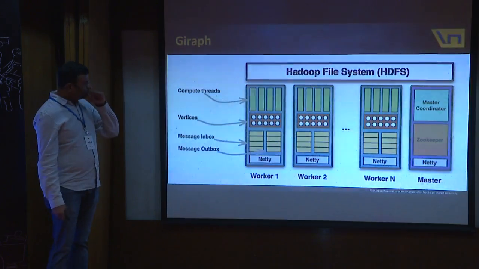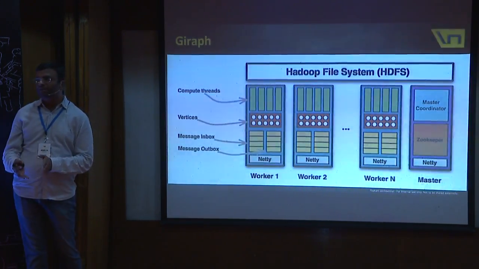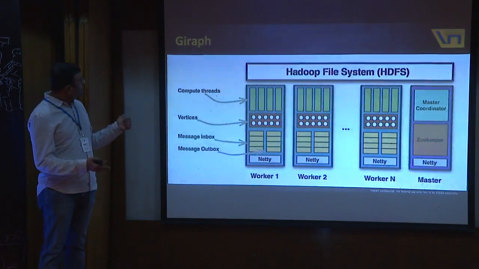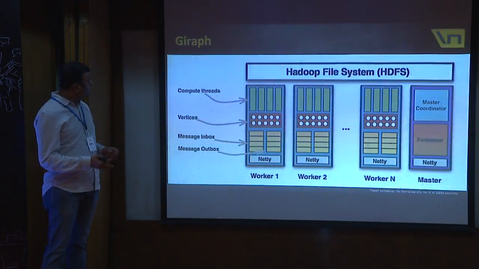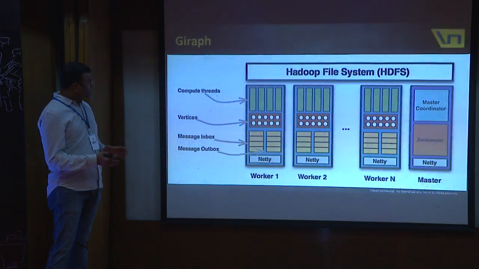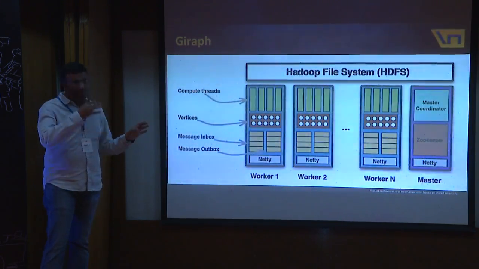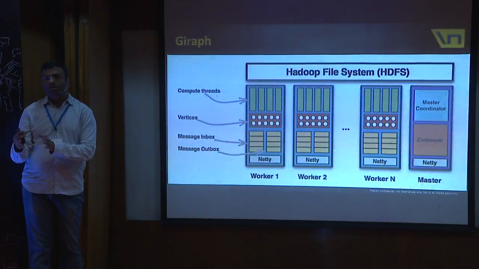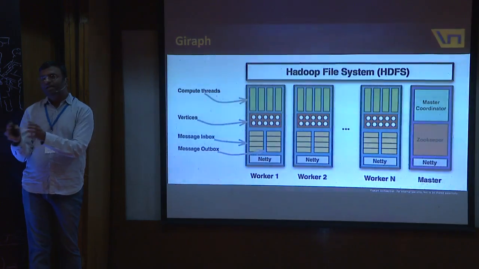Next, going on to how we have actually implemented it. Pregel is a paper, and Giraph is an implementation of Pregel, which is open sourced by Facebook. The fundamentals are the same. You have an inbox, you have an outbox, and the graph is divided among smaller groups of vertices.